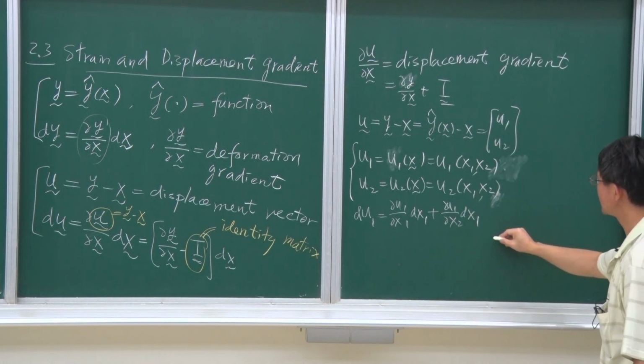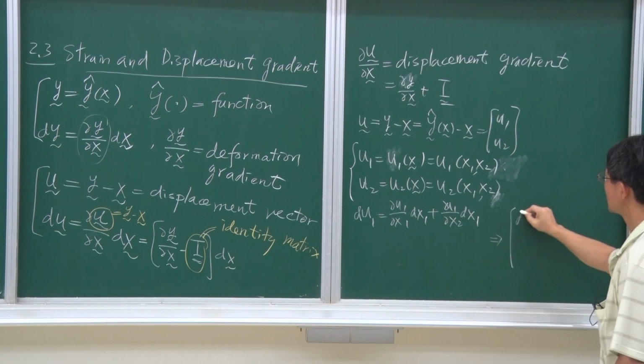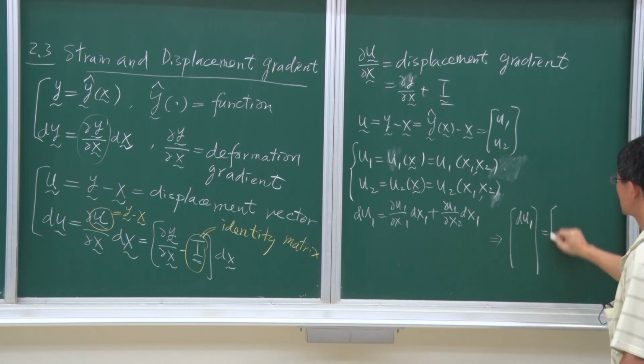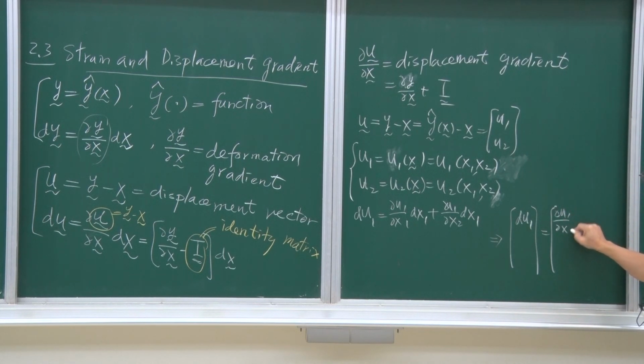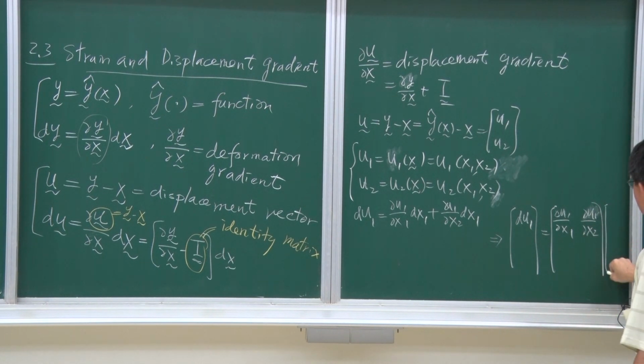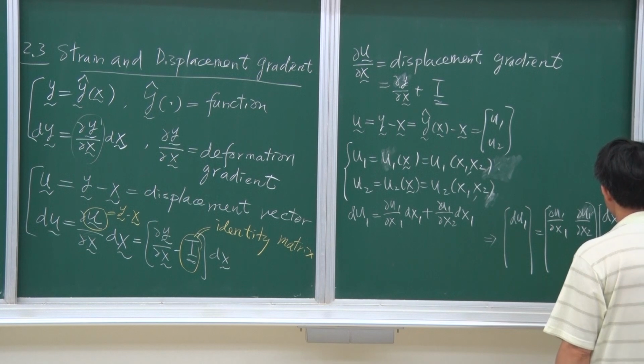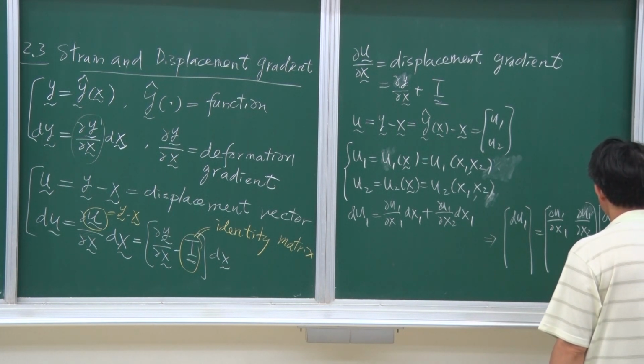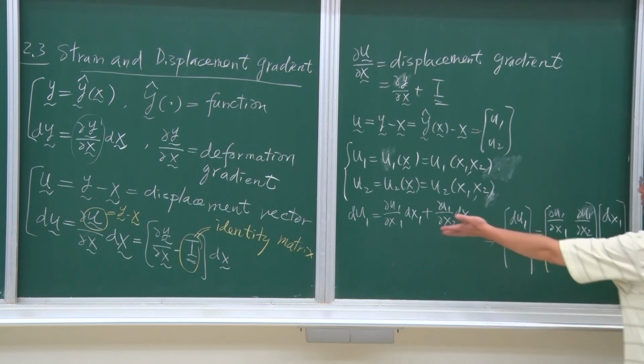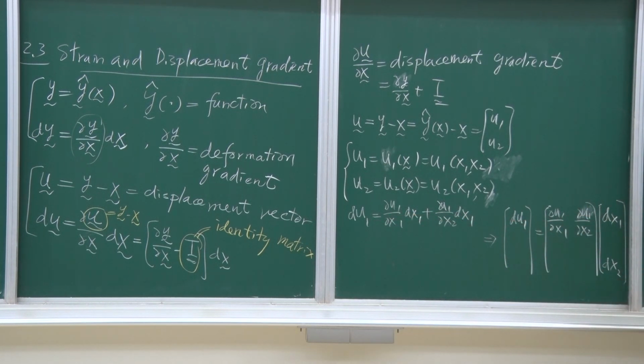And this one can be written as a little bit of deformation. A little bit of deformation can help us. So this relation can be expressed in this way, because this one times this one plus this one times this one gives us this relation.